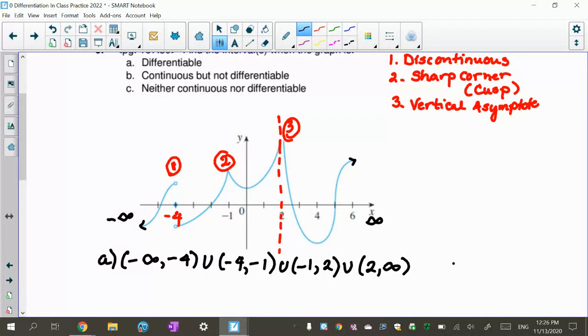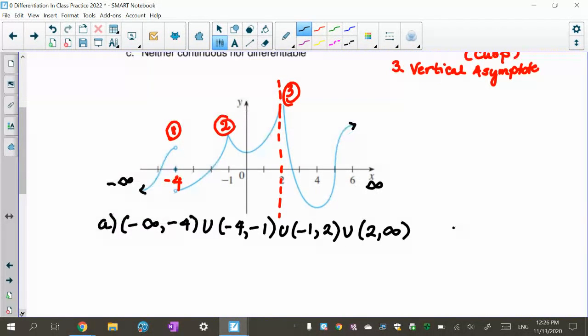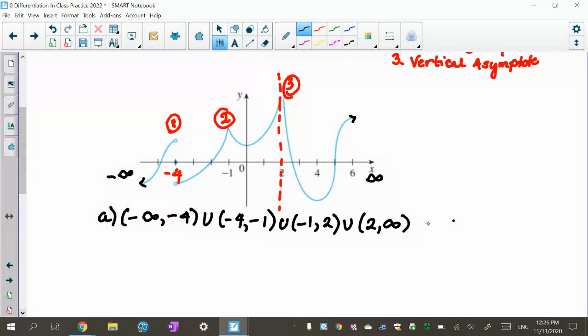Now, if this was the entire graph, I would change positive infinity to 6 and this over here to like a -5. But I'm going to say this graph goes forever. So that is my intervals where it's differentiable, meaning there is a derivative there. So they're differentiable on all these intervals.